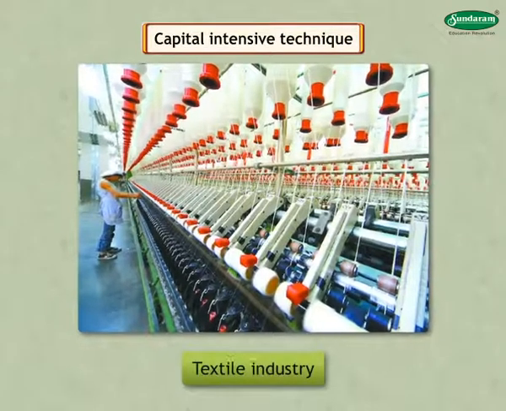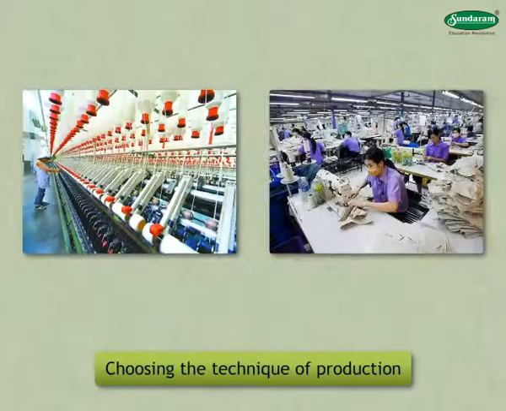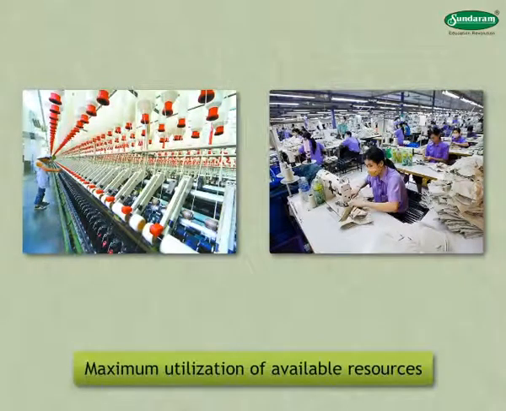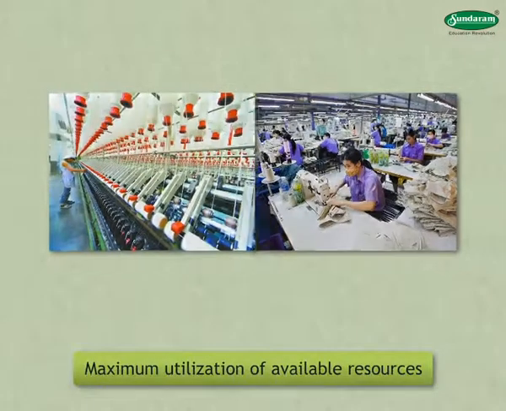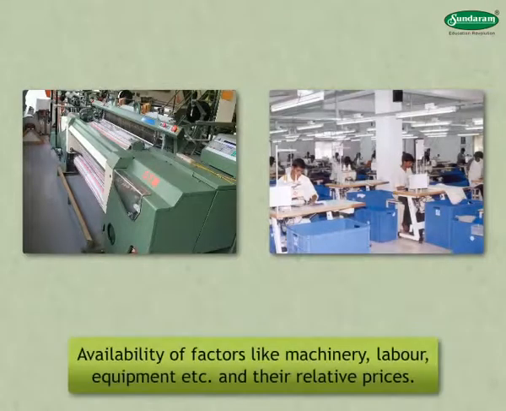Example, textile industry. This problem deals with choosing the technique of production which leads to maximum utilization of available resources. The choice of technique depends upon availability of factors like machinery, labor, equipment, etc., and their relative prices.